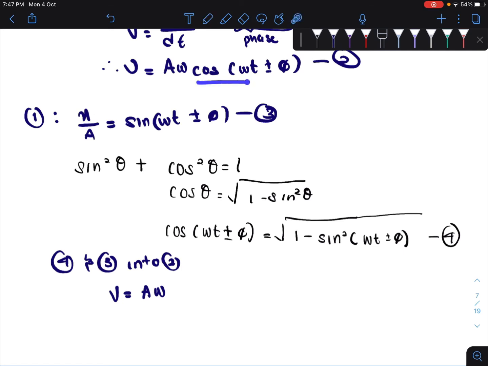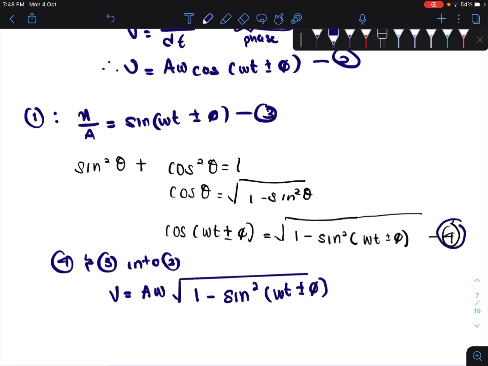So, cos omega t plus minus phi is this one. Alright, I'm going to substitute square root of 1 minus sin square omega t plus minus phi. So, I have substituted equation 4 into equation 2 here.